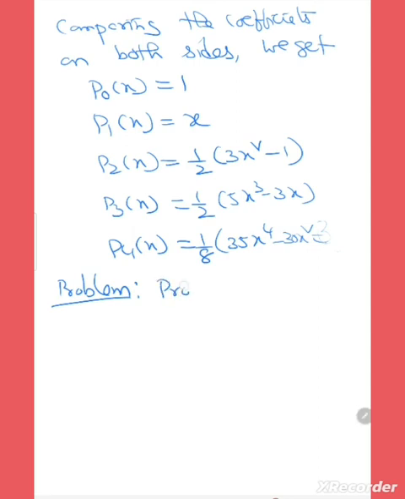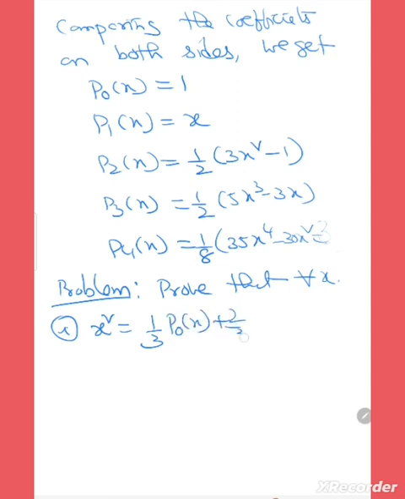Prove that for all x, first one, x square is equal to 1/3 p0 of x plus 2/3 p2 of x.